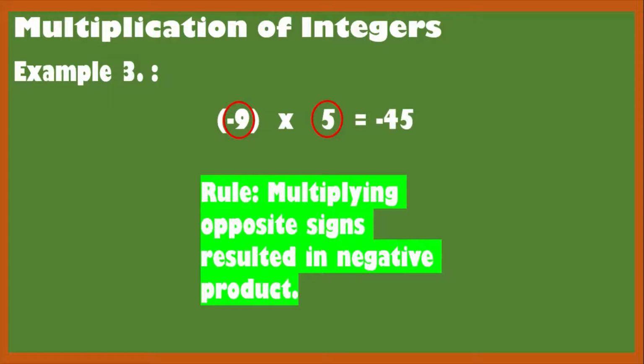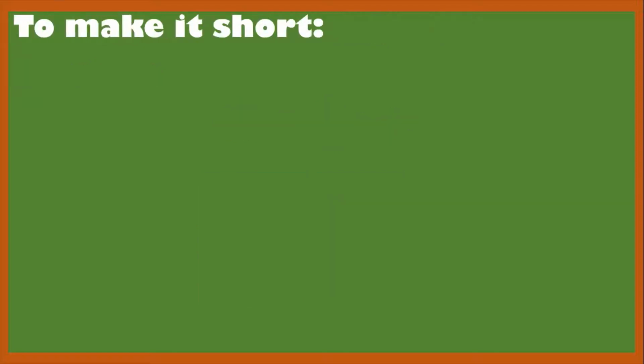Do not forget these rules, okay? Do not be confused. If they have the same signs, it will be positive. But in this case, they have different signs, so the product is negative. To make it short, negative times negative equals positive, like in the first example.